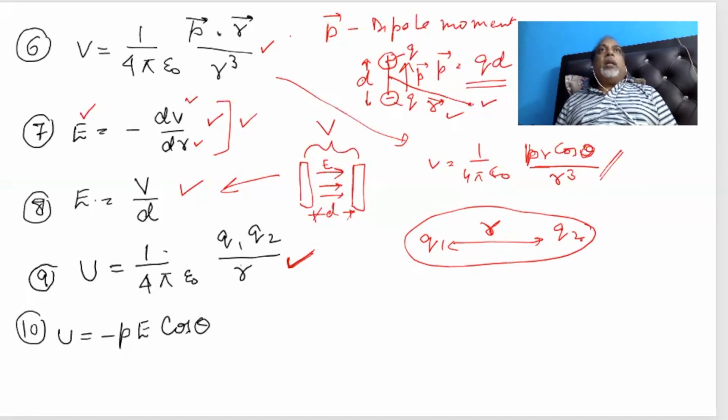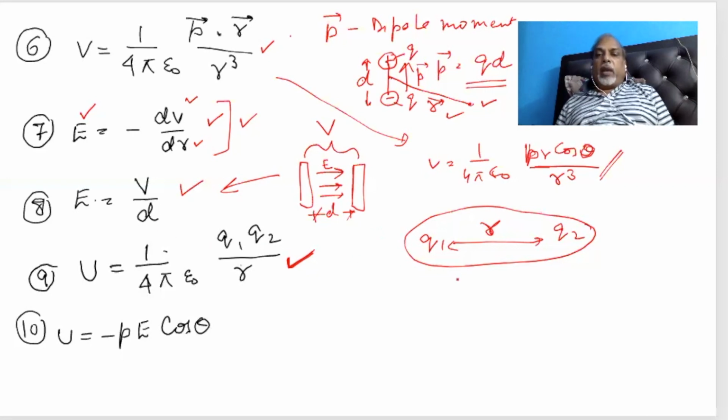Energy is never with an isolated charge. Of course, this is the difference between electric potential energy and electric potential. Electric potential, of course, if one charge is there, you can find the electric potential all around that. But energy will always be of a system. And if these two are spaced at R, then this is how we can calculate the potential energy.